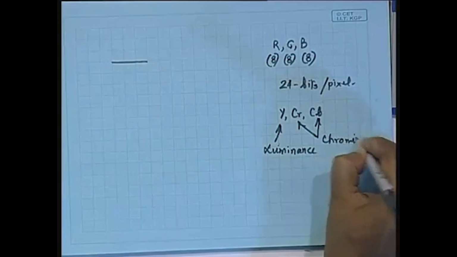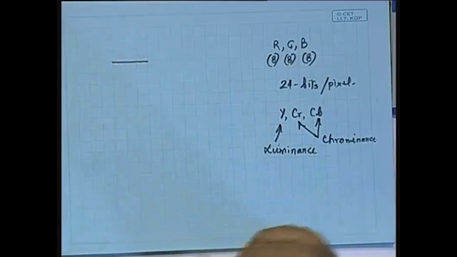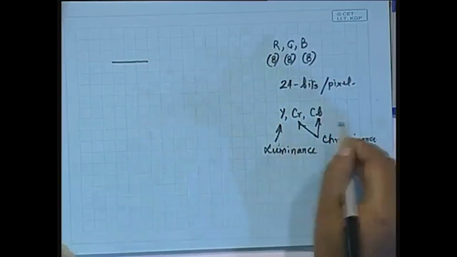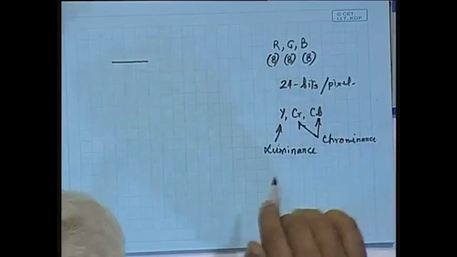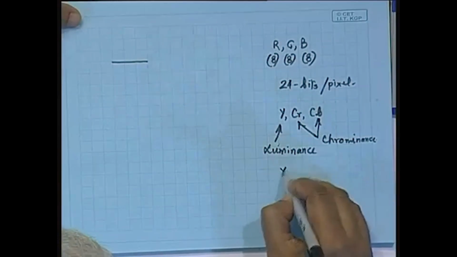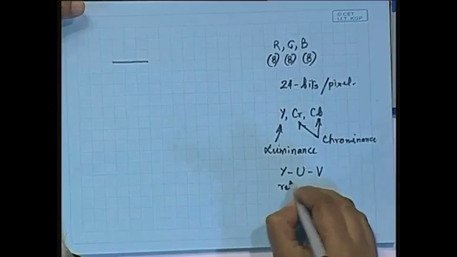The advantage of the luminance-chrominance representation is that it keeps the intensity and the color parts as separate ones. This YCrCb representation is sometimes referred to as the YUV representation.